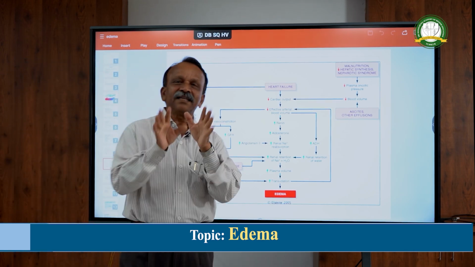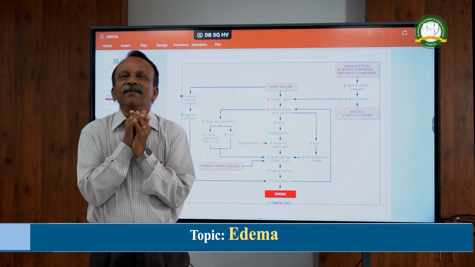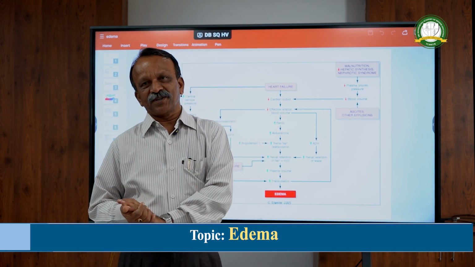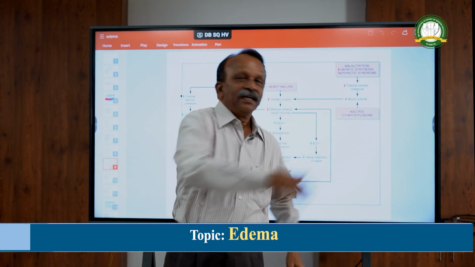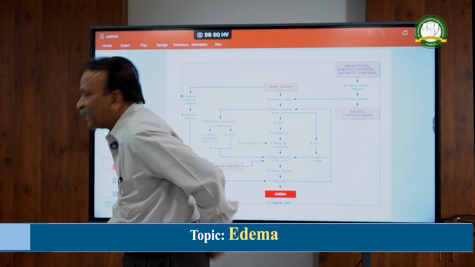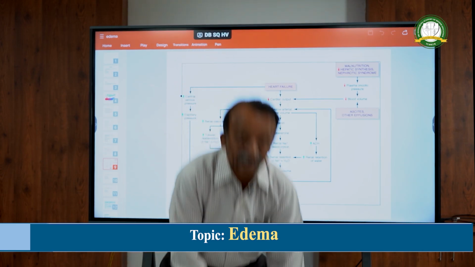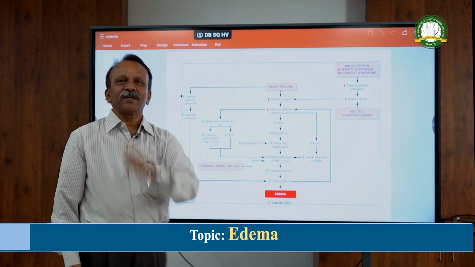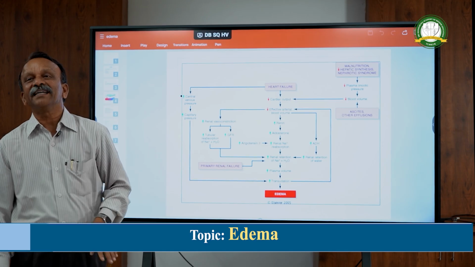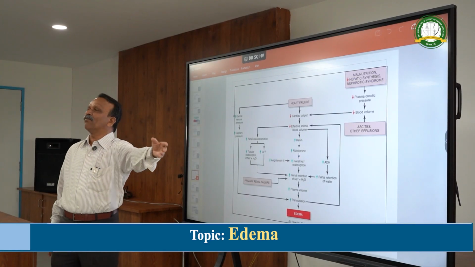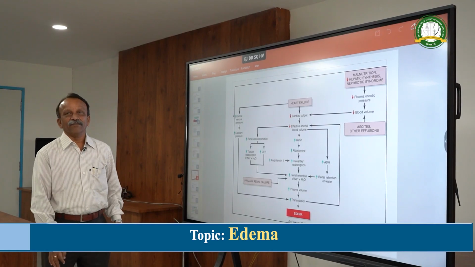As we see in case of cardiac failure, the edema is dependent. That means it depends upon the position of the patient. If the patient is lying down, the edema is seen in the sacral region. If the patient is walking around, the edema is seen in the ankle region. This is the speciality of this cardiac edema, and these are the mechanisms which are involved in the cardiac edema, right?